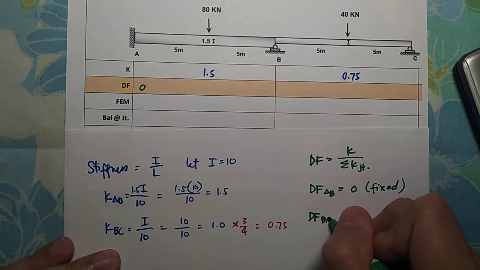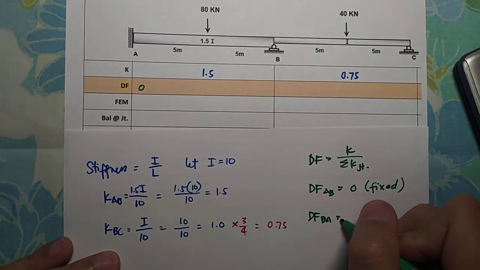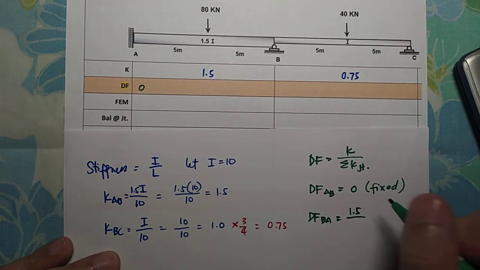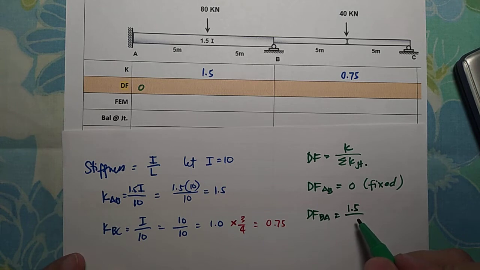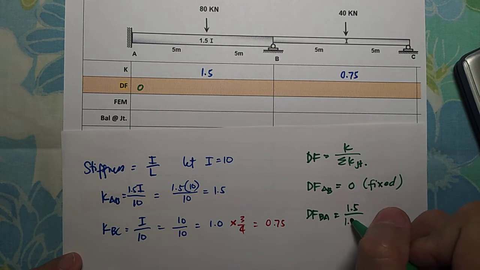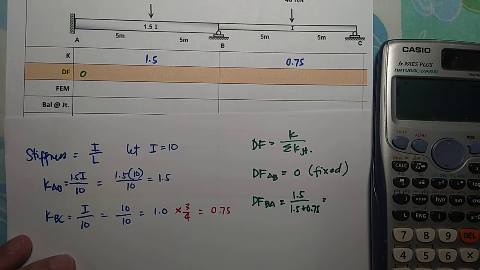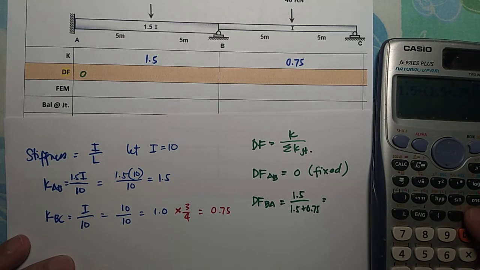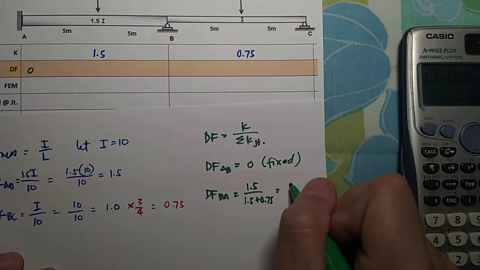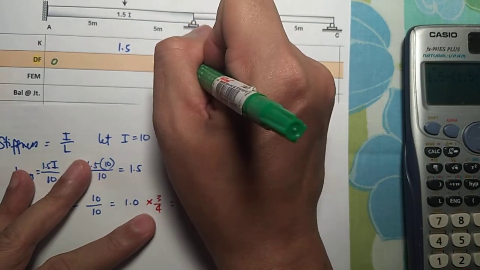How about for BA here? The stiffness here is 1.5, divided by the summation of the stiffnesses at that joint. So that's 1.5 and 0.75. So that would be 1.5 divided by 1.5 plus 0.75. So that's 2/3.